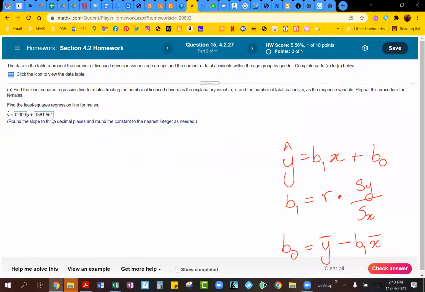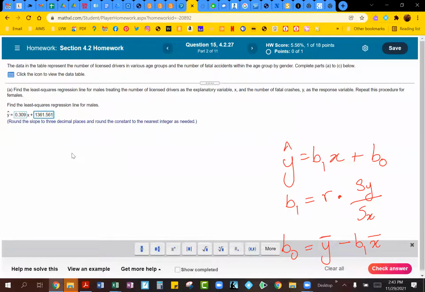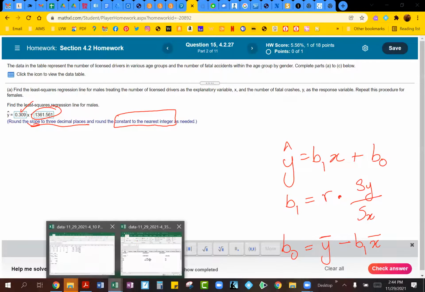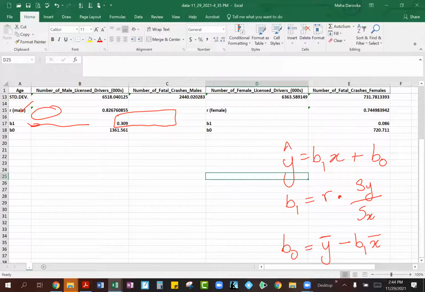Oh, sorry, I did this when I was doing the example. My bad. They wanted 3 decimal places for the slope. So this guy is right, but they actually want the constant rounded to the nearest integer. So this one does not need to be 3 decimal places. This needs to be a whole number. Forgot about that.